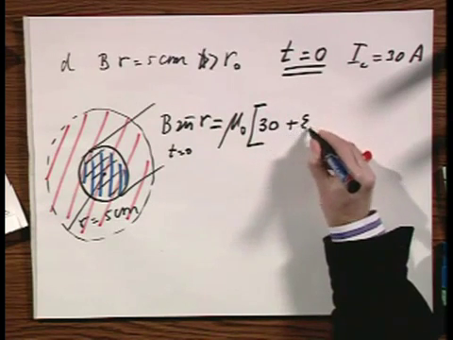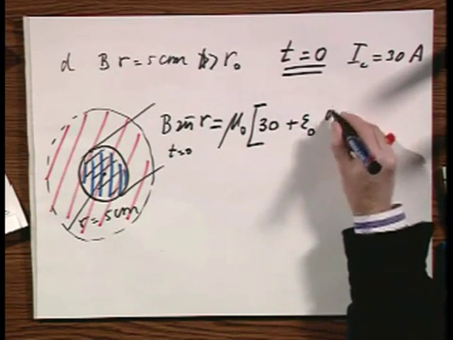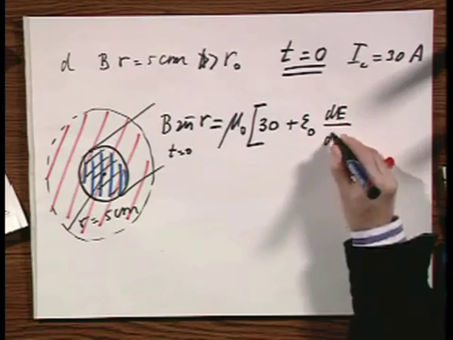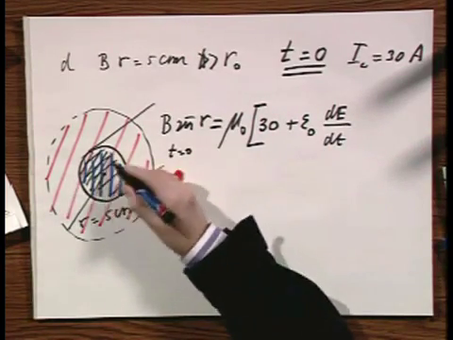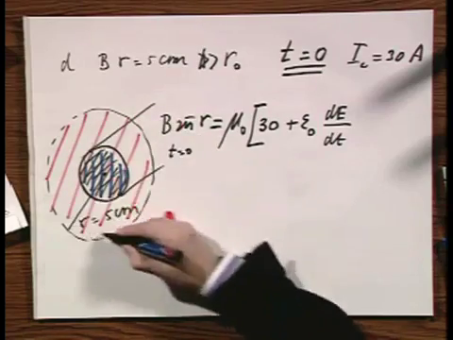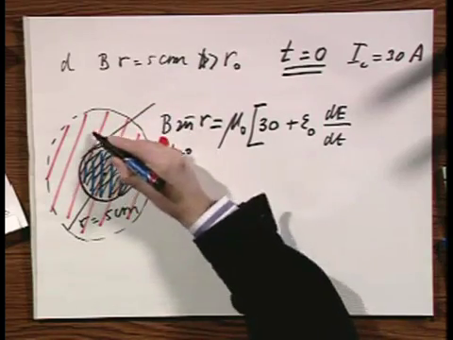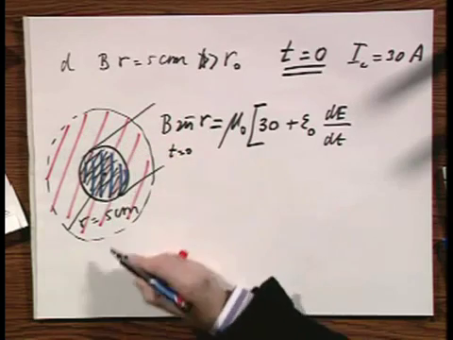Now I have to add epsilon 0 times dE/dt times the area. But it's this area, not this area. Because there is no changing electric flux going through this area.